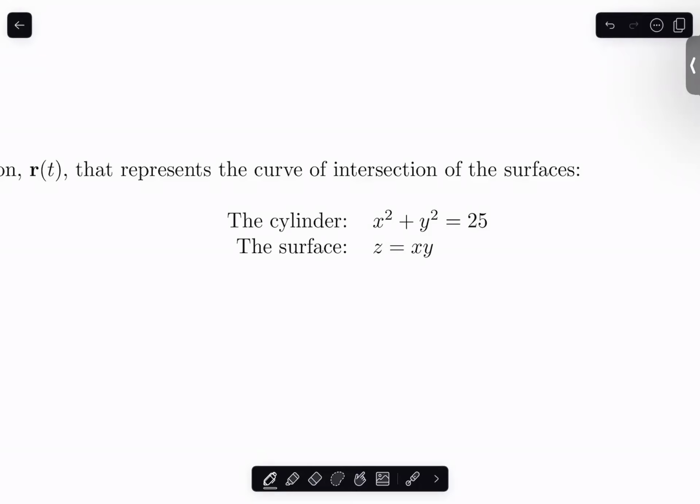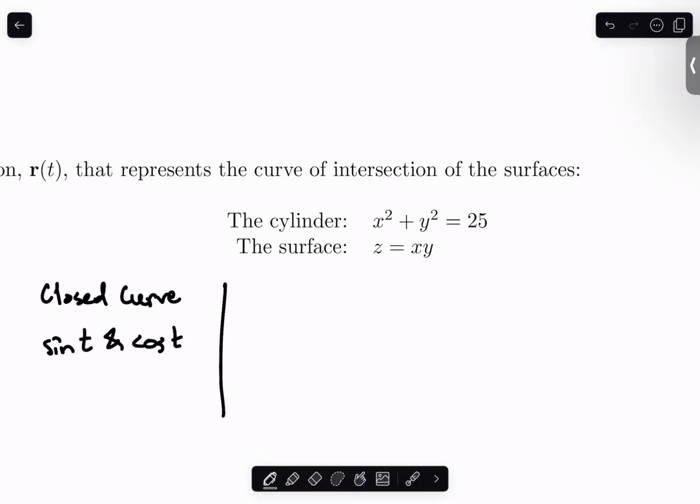So here we have x squared plus y squared equals 25 and z equals x times y. The first question, I think a reasonable way to solve these types of problems in our class, is trying to figure out, is this going to be a closed curve or not? If it's a closed curve, remember from class, we talked about how you should use sines and cosines in that case.